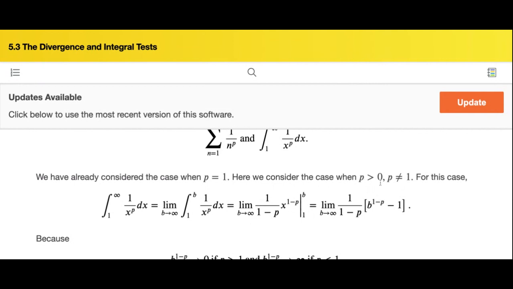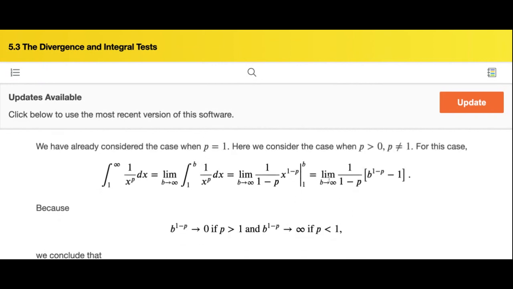So if p is greater than 0 but not 1, let's try. For the improper integral of 1 over x to the p, we take a limit with dummy variable b, and we get the limit of 1 over 1 minus p times b raised to 1 minus p, minus 1.